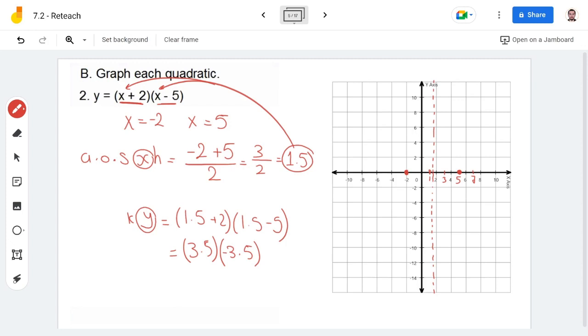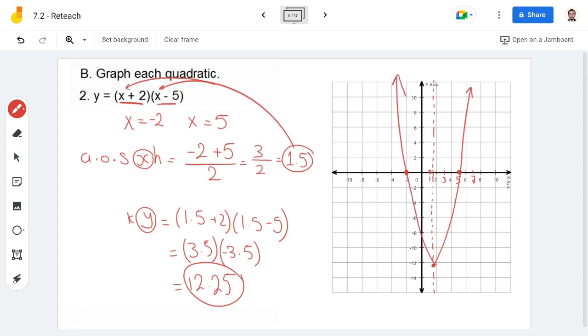So 3.5 times negative 3.5, I think it's 12.25. Okay, so now this one is y. So now my vertex is 1.5 and negative 12.25. So 12.25 is somewhere here. Okay, so now I can graph my function, and my function should look like this one here.